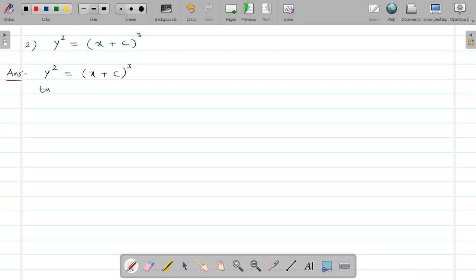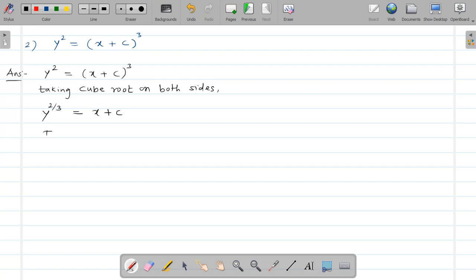Take cube root on both sides. What will you get here? Y square's cube root means y raised to 2 by 3 is equal to x plus c. And now if you differentiate this with respect to x, then c will get cancelled because c is a single constant. Here it was not possible earlier.